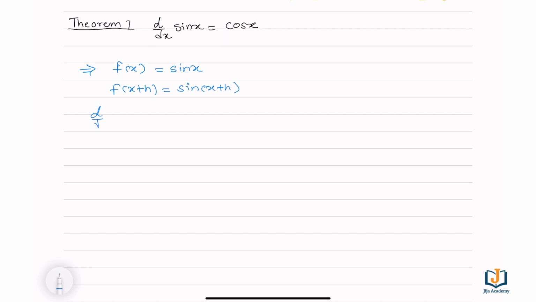Now differentiation of sin x is equal to differentiation of f of x. So differentiation of f of x by first principle is limit h tends to 0 f of x plus h minus f of x divided by h.